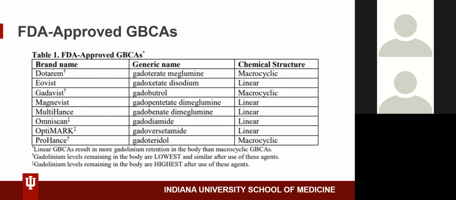And again, the ones that I'm calling out just from an IU Health standpoint are Dotarem and Gadavist, which both have macrocyclic structures. And if we look at this little notation by them, we can follow it down to the footnote that says gadolinium levels remaining in the body are lowest after the use of those agents. And that's due to their very impressive stability owing to their macrocyclic structure.